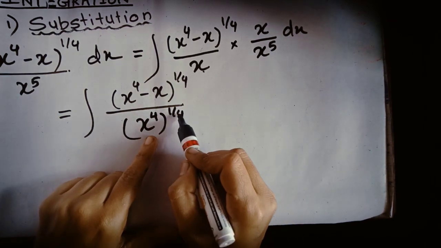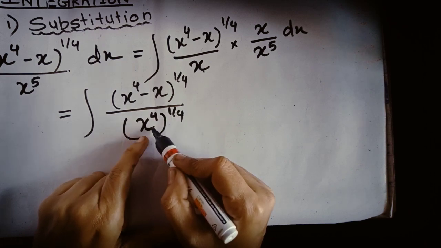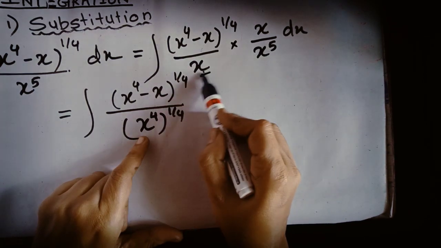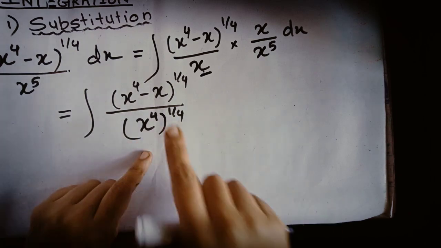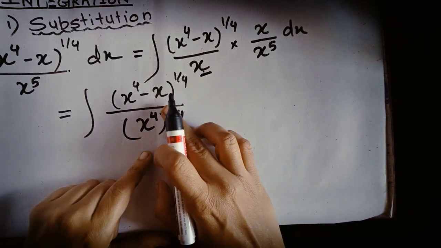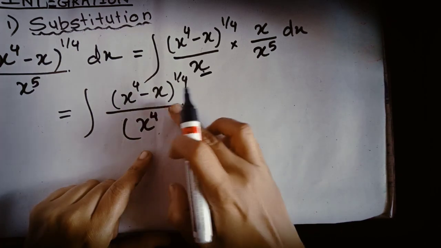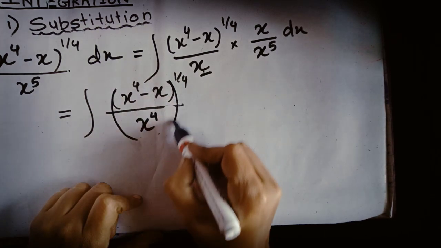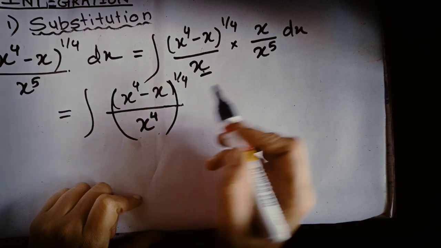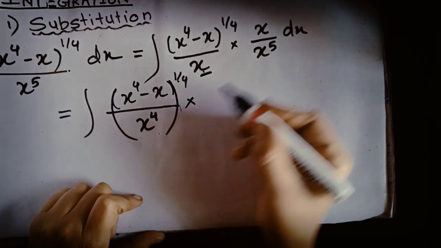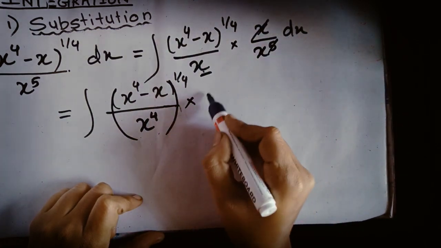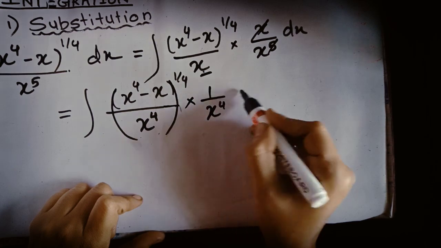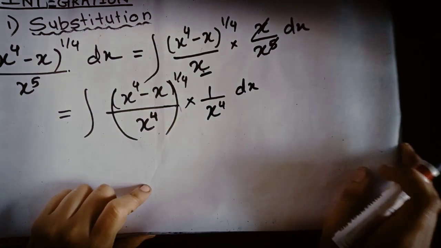Because 4 and 4 will get cancelled and I will get only x raised to 1, which is this, right? So I can take this inside, whole raised to 1 by 4 into x and this. So 1 upon x raised to 4 dx.